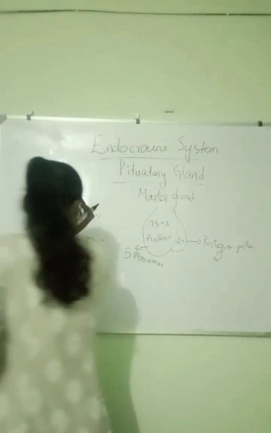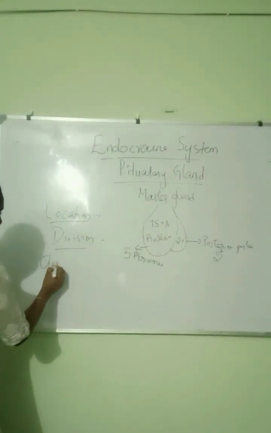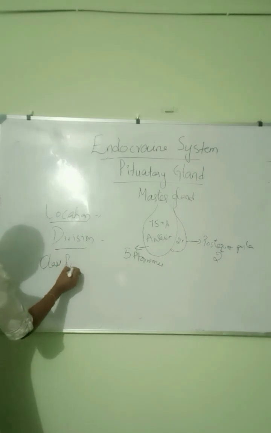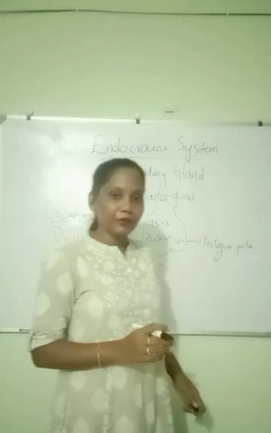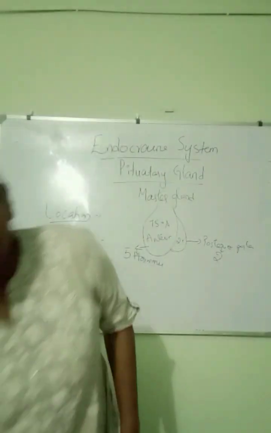Now we will see the classification of hormones in the pituitary gland. What hormones are released from the anterior pituitary gland and the posterior pituitary gland?